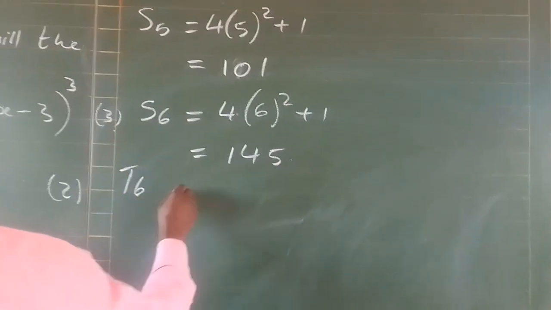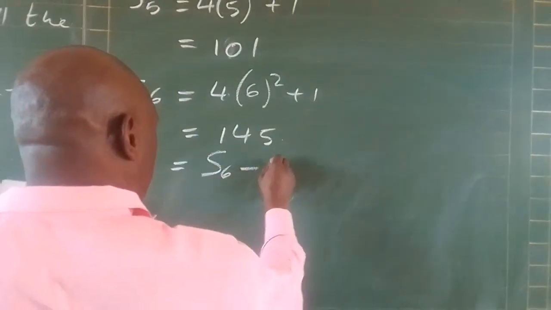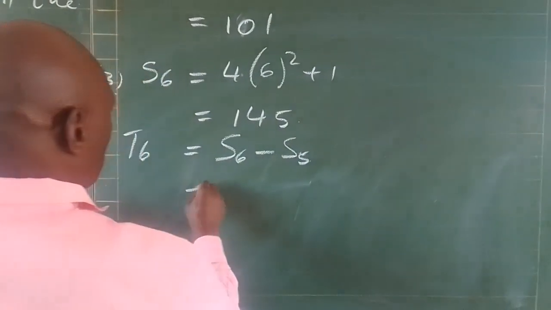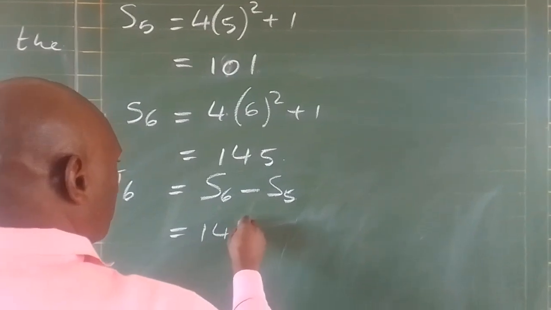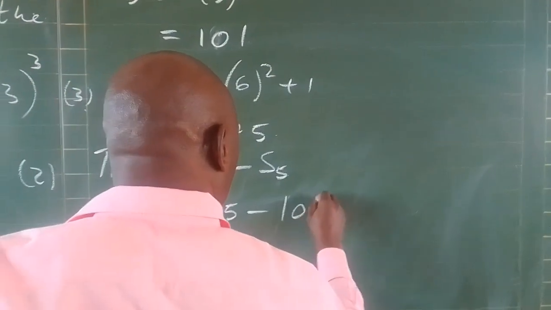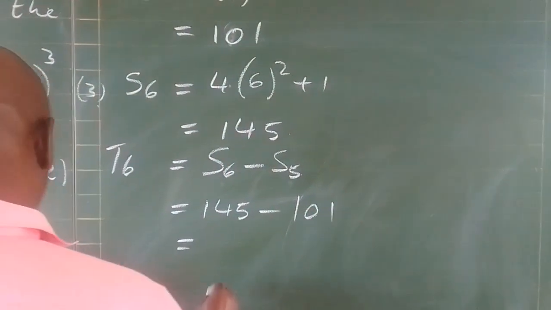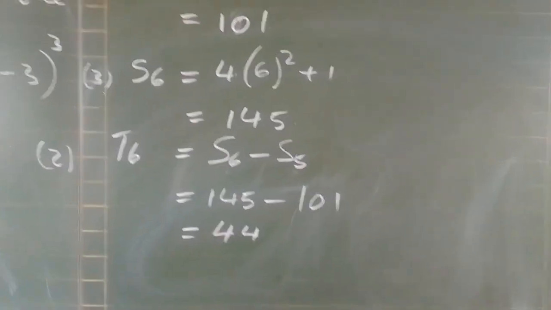Then T6 is going to be S6 minus S5. Your S6 in this case is 145 minus S5, 101. Your answer is going to give you 44. Term number 6 is going to be 44.